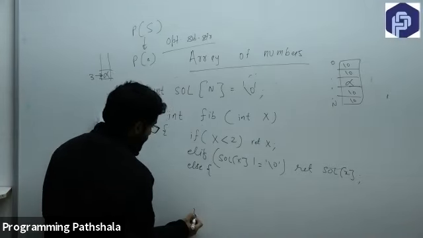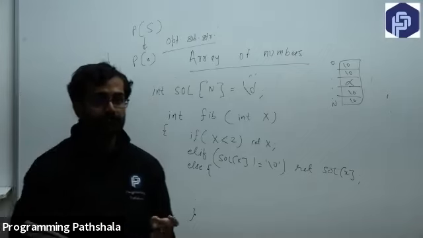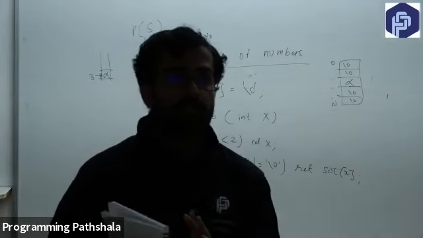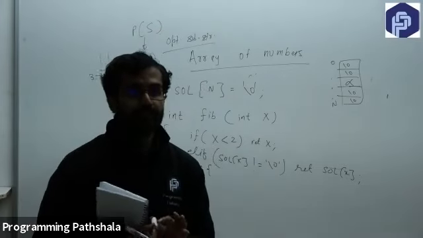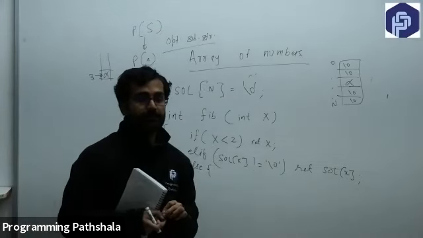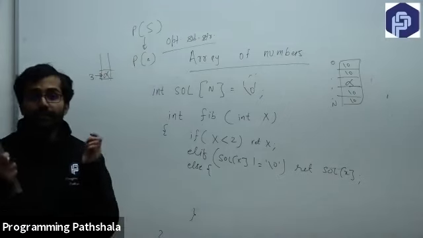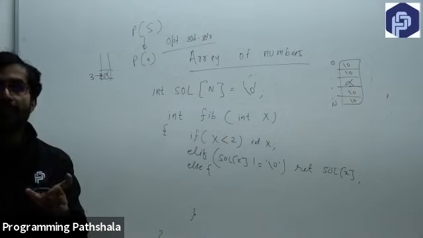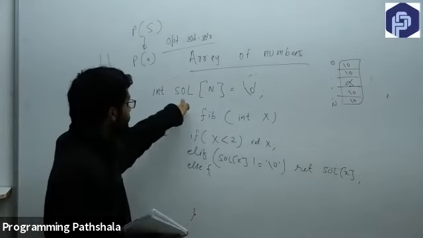If I have not solved, then what should I do? There are two very, very important things to be careful about. I should first solve it, and not just solve it, but also store that solution in the memorization array.